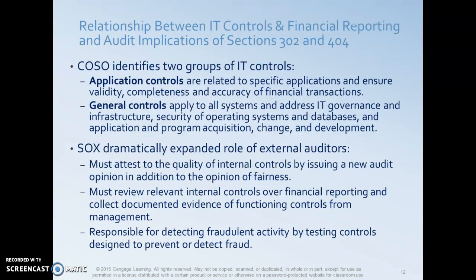COSO identifies IT controls. There are application controls related to a specific application, ensuring validity, completeness, and accuracy of the financial transactions. General controls apply to all systems and address IT governance and infrastructure security, operating systems, etc.